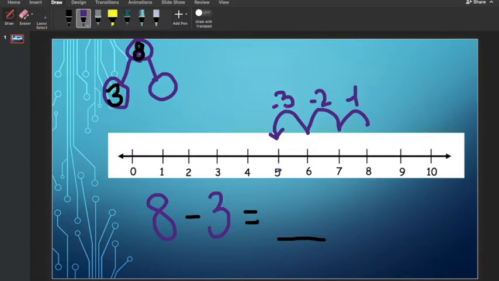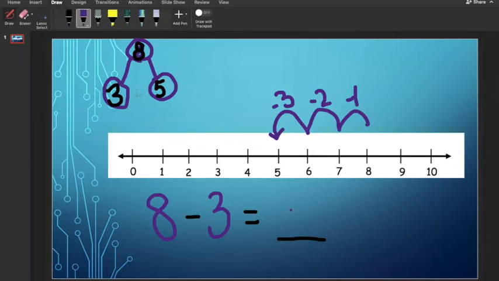I took away 3 for the first part. And what am I left with? What part is left? The number 5 is correct. So if I wanted to finish my number bond up here, I would write 5 in that spot. 3 and 5 together give me 8. If I added these two numbers, 3 plus 5, it would give me 8.